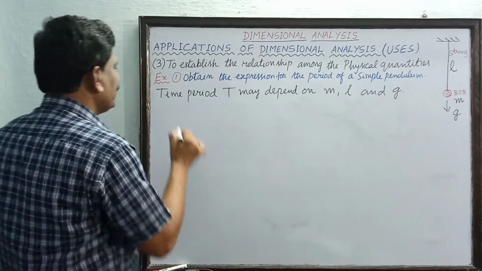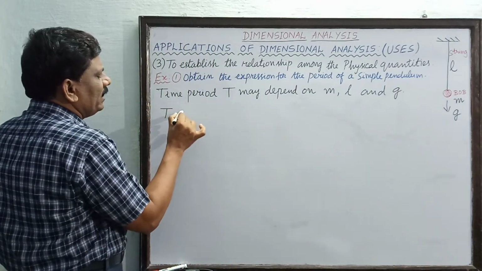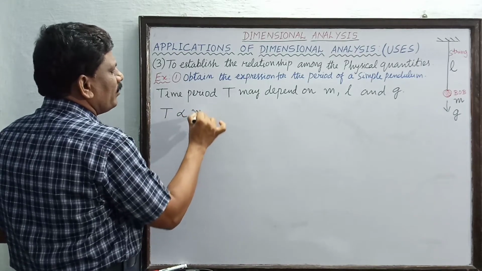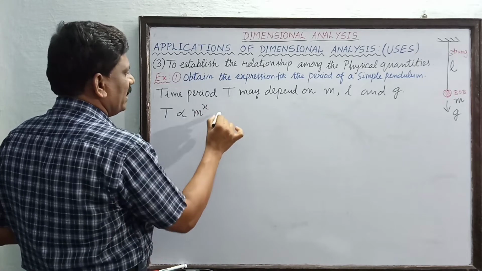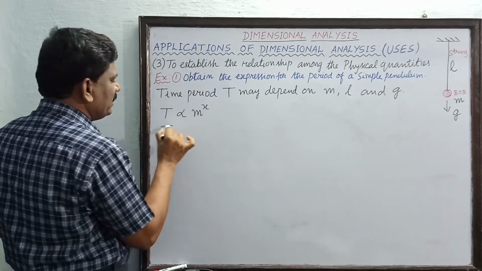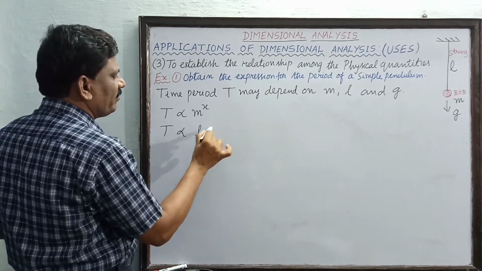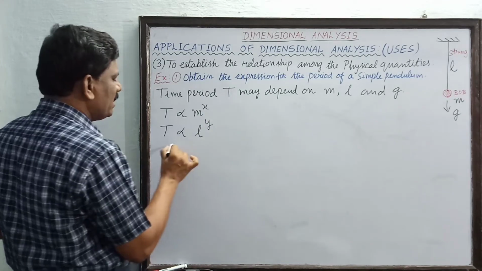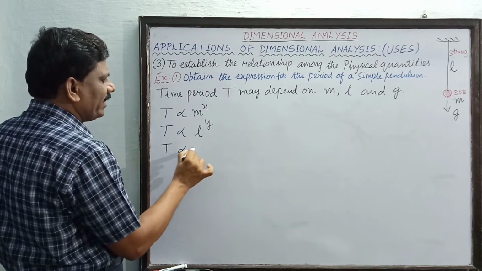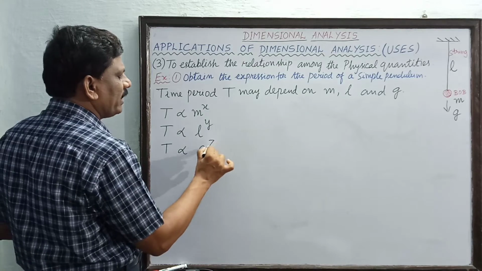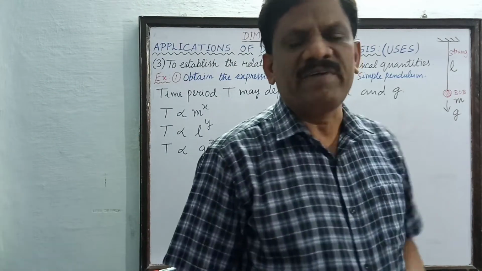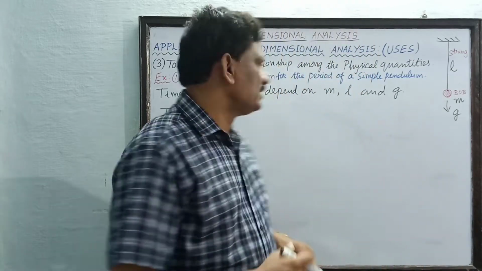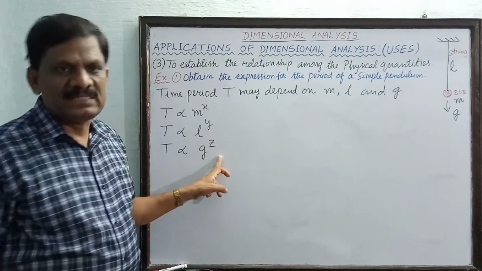So I will take that the time period T is proportional to the mass of the bob to the power x, and it also depends on the length of the string to the power y, and T is directly proportional to acceleration due to gravity raised to the power z. So I want to find the values of x, y and z.